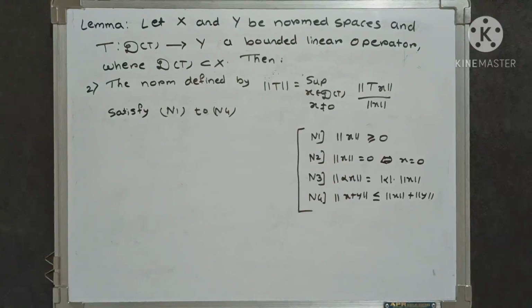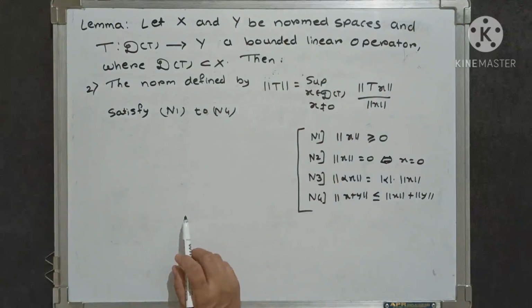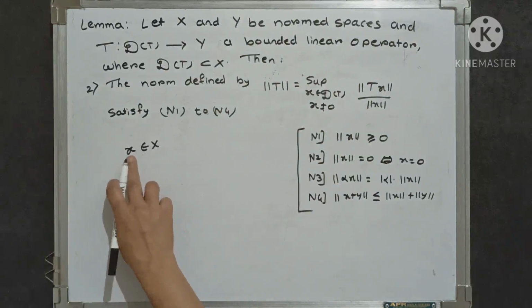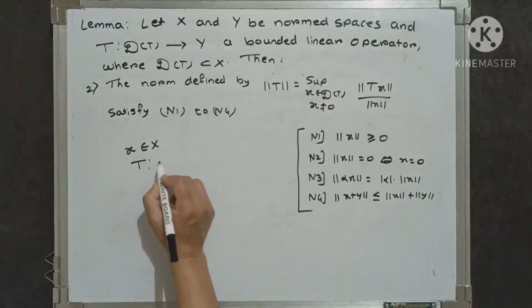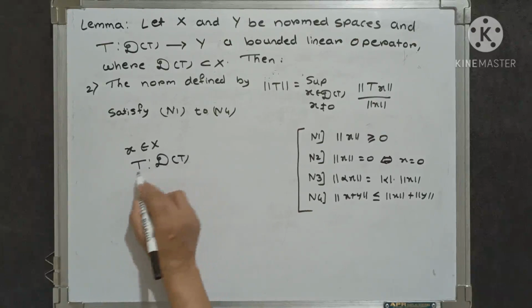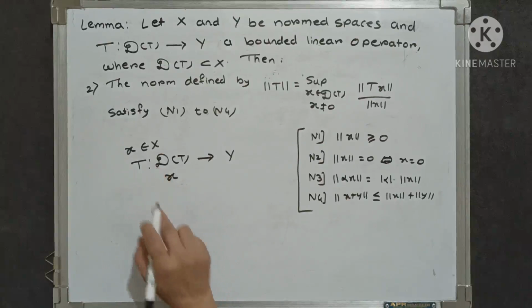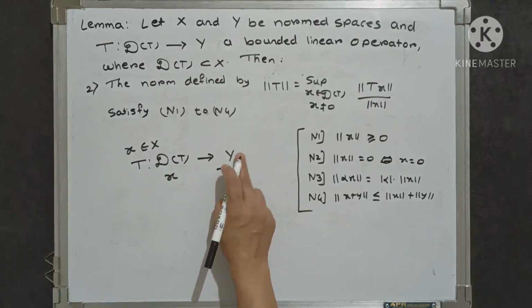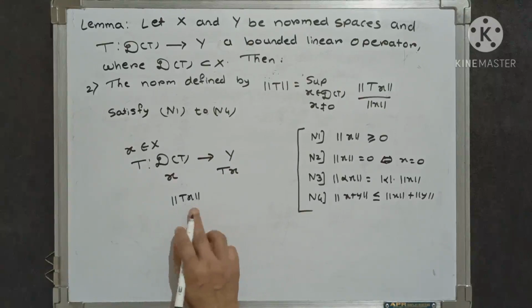As we are given that X and Y are normed spaces, for any element x belongs to X, all these four axioms are satisfied. In the same way, we have the mapping T from D(T) to Y, and therefore for any x belongs to D(T), Tx is an element of Y, and Y is a normed space. Therefore ‖Tx‖ also satisfies all four axioms of a norm.